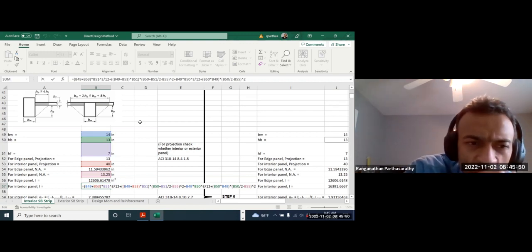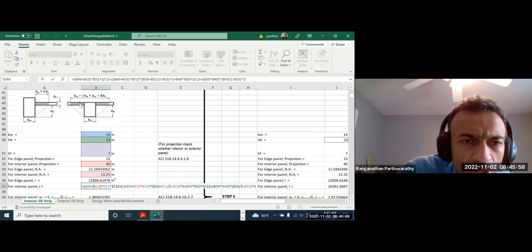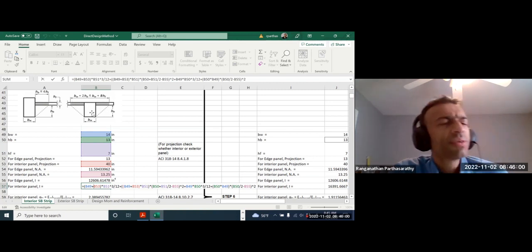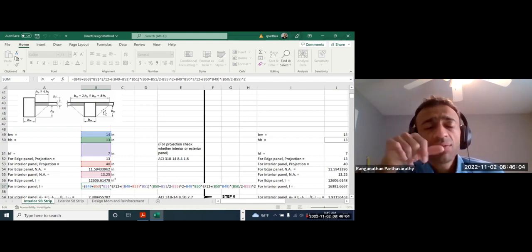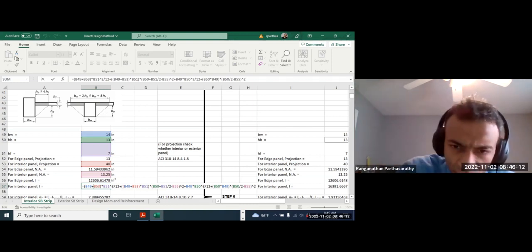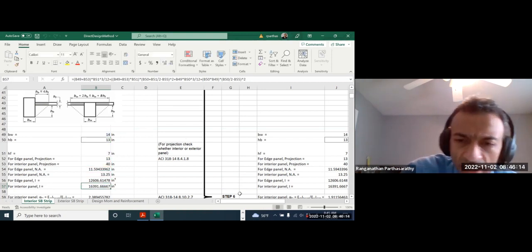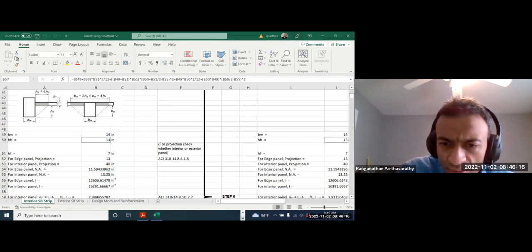Of course we know for a T beam the beam is integral with the slab, and for a T beam we know how to calculate the effective width. This is from here. Let me just open.